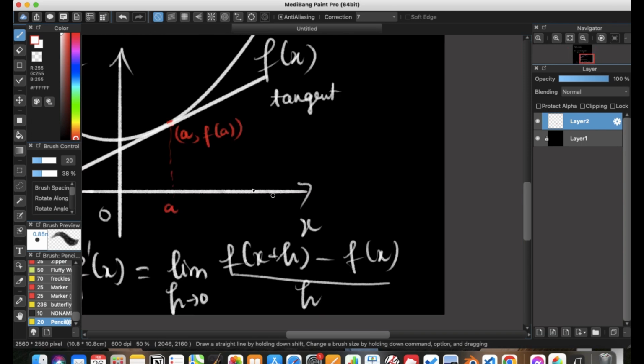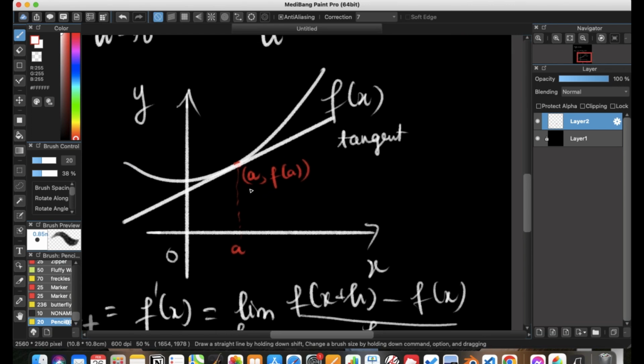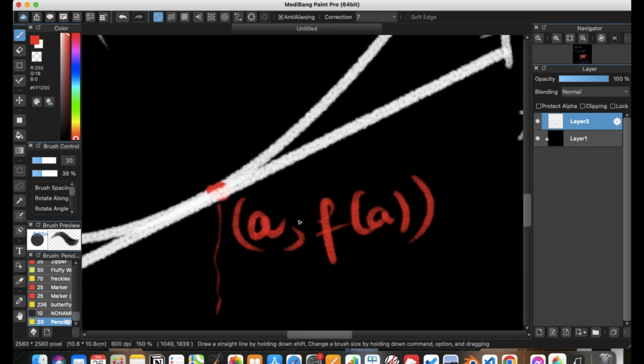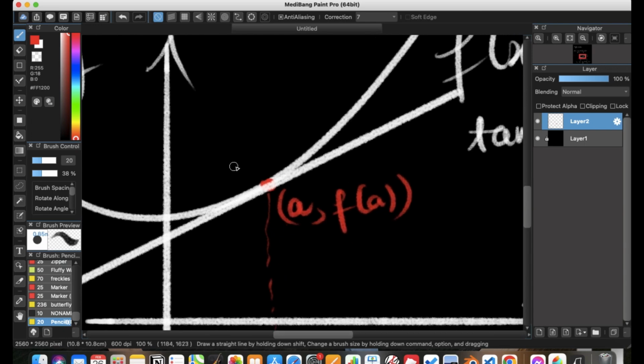And why is that? So here we have the slope of a tangent line at x equal a, right? So here I have my point a, and then I have a point a plus h, right?